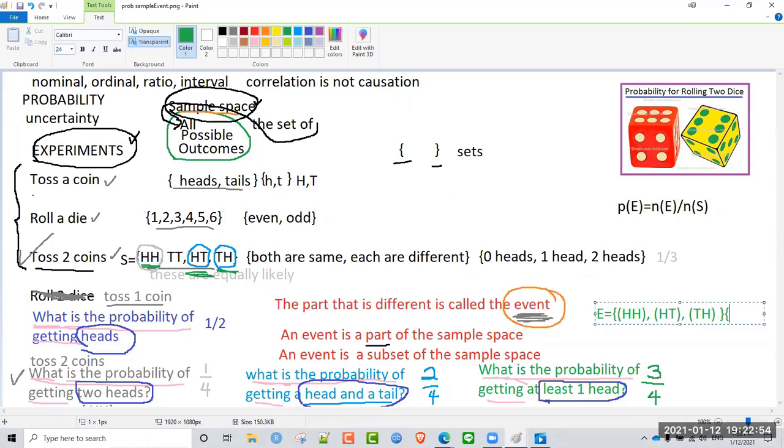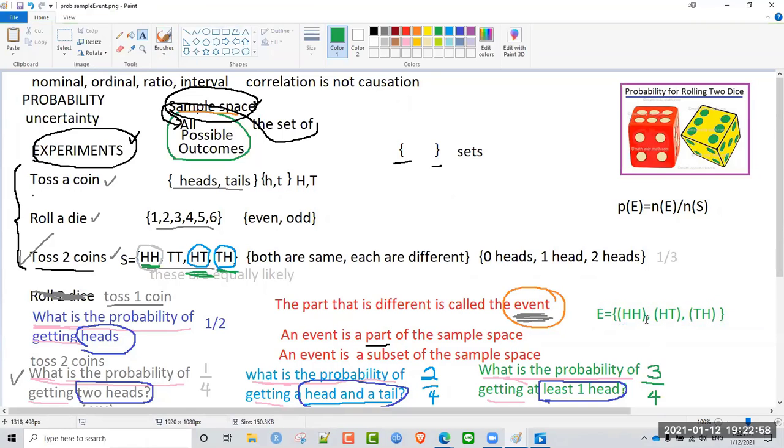And then that. Okay? So that is E. This is E here. Getting at least one head is this. Now let's use this formula to calculate the probability of this. We already know the answer is 3/4, but let's use this formula.